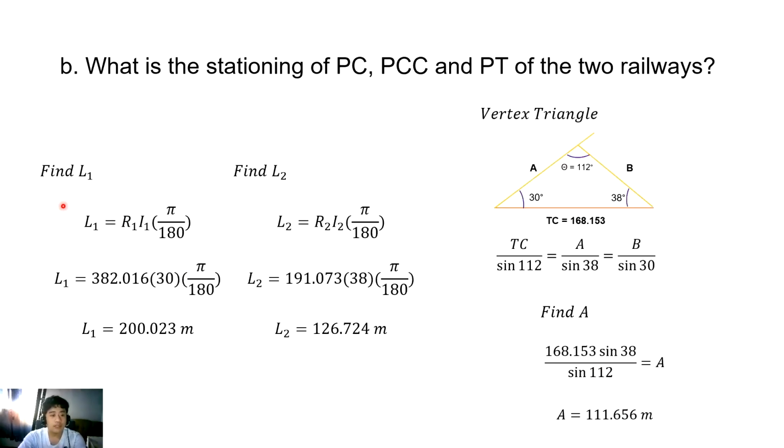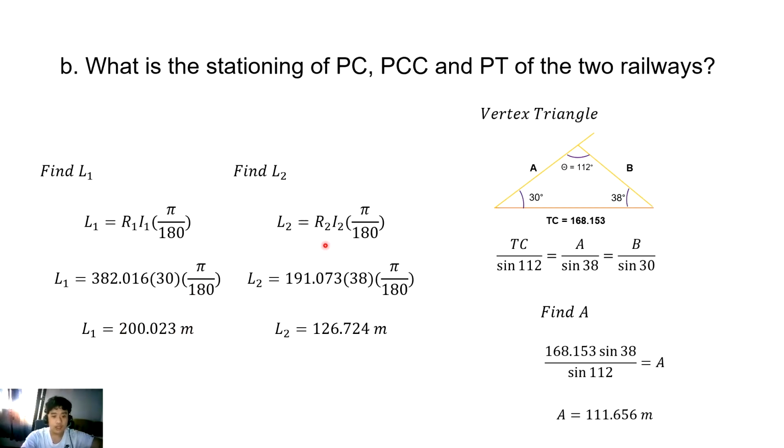So, sa L1 naman, same formula. R1 times I1 times pi over 180. Substitute lang natin. 382.016 times 30 times pi over 180. And we'll get 200.023 meters.